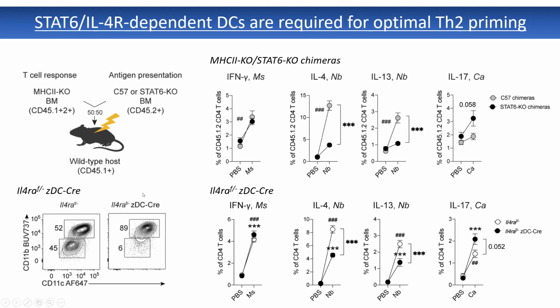We confirmed this observation using a conditional knockout mouse system, where IL-4 receptor alpha expression was under the control of a dendritic cell specific promoter, which again led to the very specific depletion of those CD11b-low DC2s without affecting any T cells in this signaling. And again, we observed that Th1 responses were not affected, but that in the absence of CD11b-low DC2s, there was a strong reduction in the Th2 response and respectively a strong increase in the Th17 response.